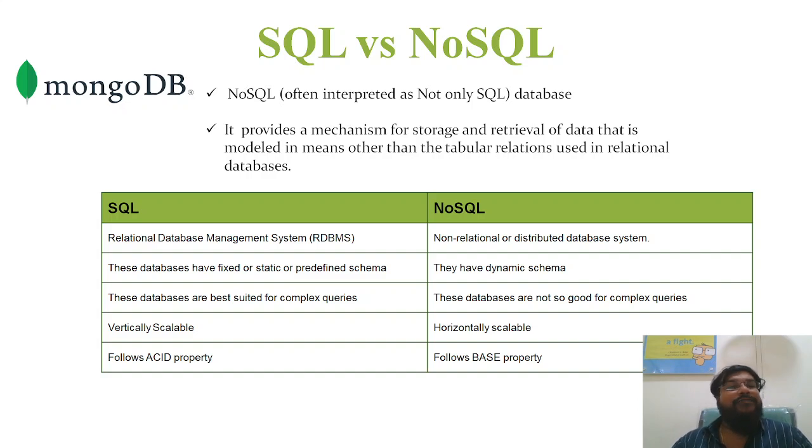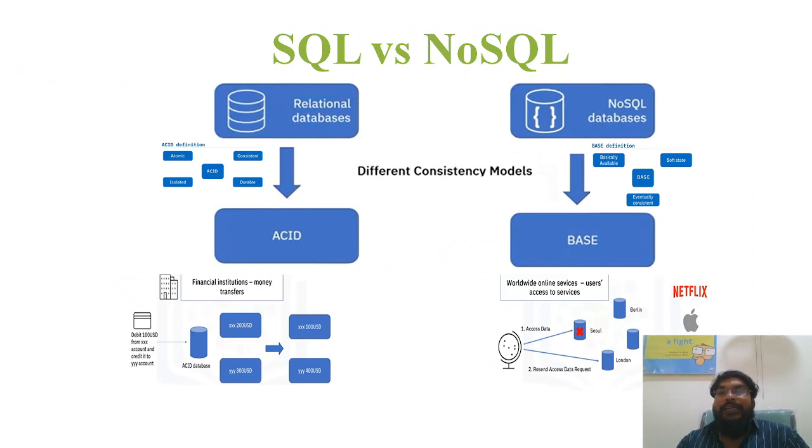In SQL, we follow ACID properties, which are atomicity, consistency, isolation, and durability. And coming to NoSQL, we follow the BASE properties, which are basically available, soft state, and eventually consistent.